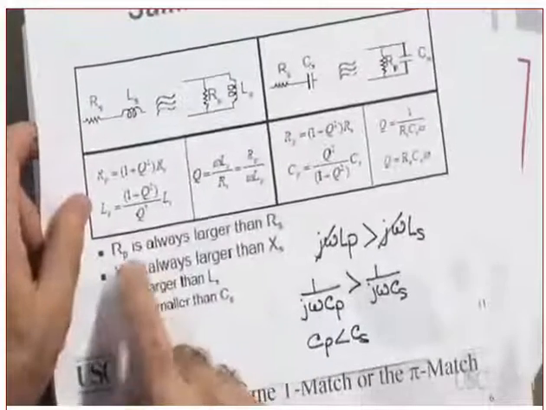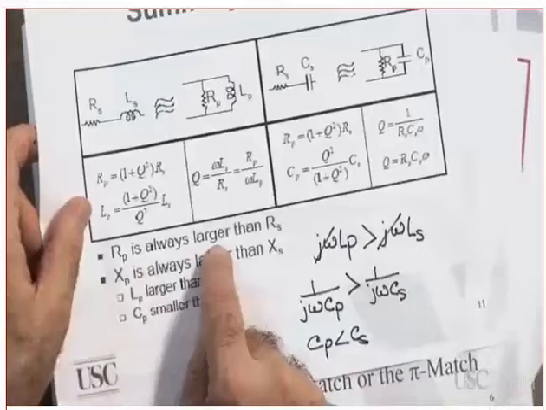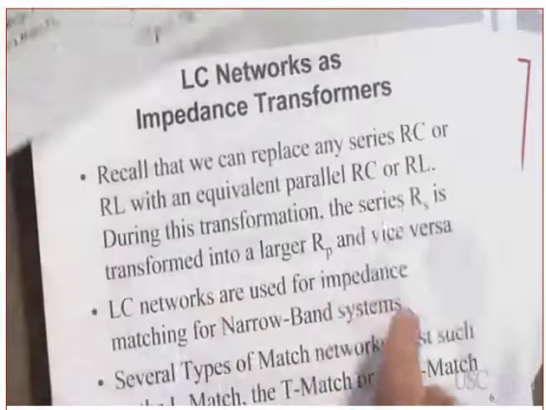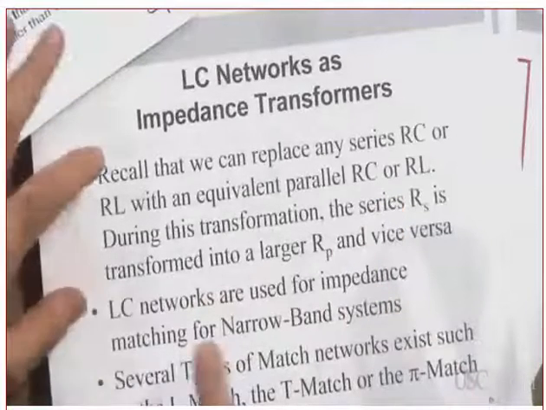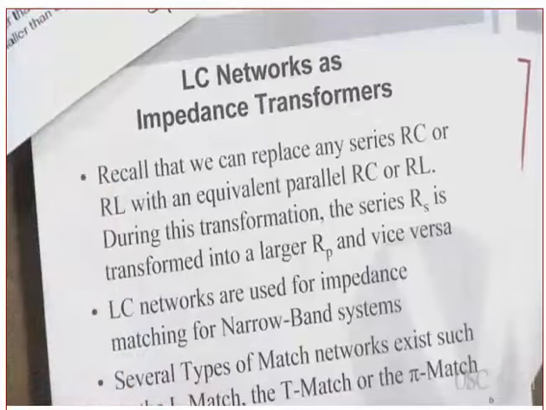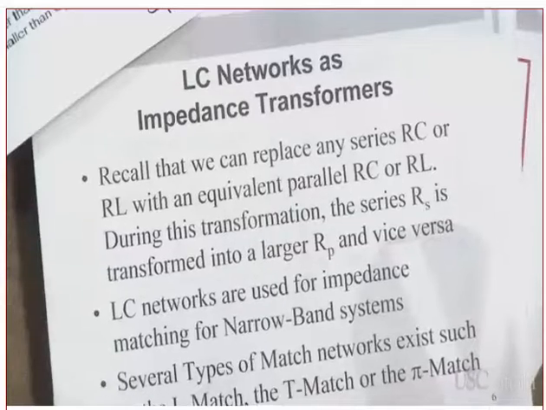Remember one more time: RP is always larger than RS. Which means that you can match an RP to a smaller RS, or match a smaller RS to a larger RP. Did you get this or not?